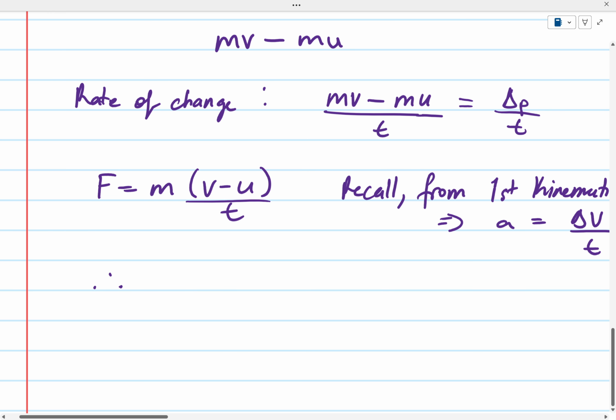Therefore, our force will be equal to mass times acceleration, and that is the second law. So that is our end product there. So was that clear, everyone?